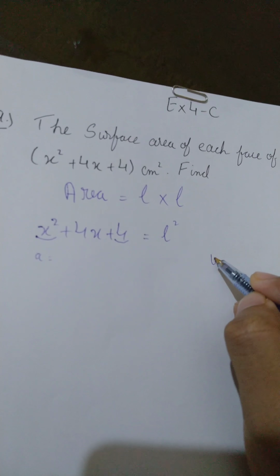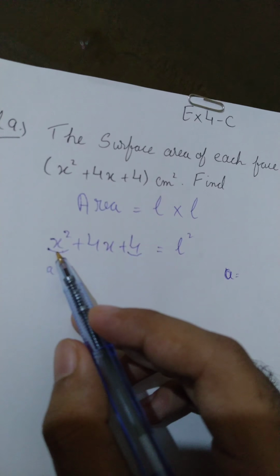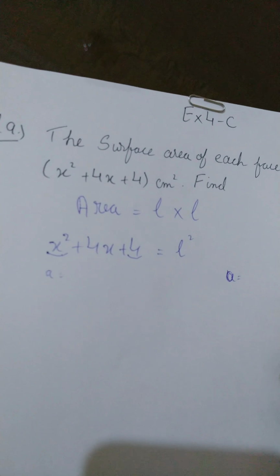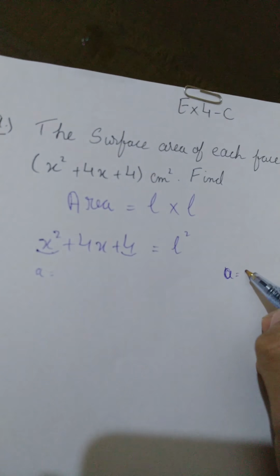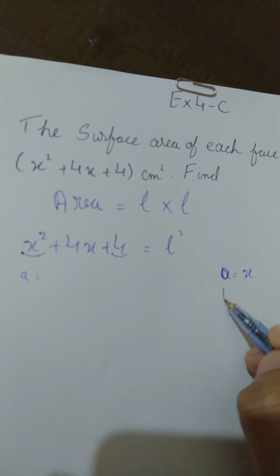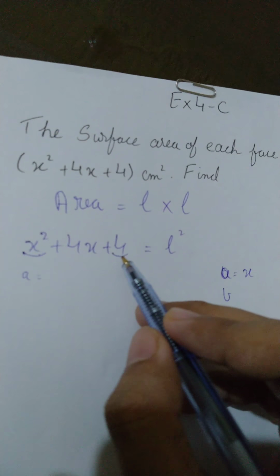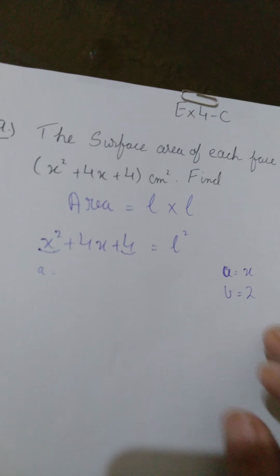My A will be x, because the square of x gives me x square. For B, 4 is written here, so which number squared equals 4? It's very easy, the 2.